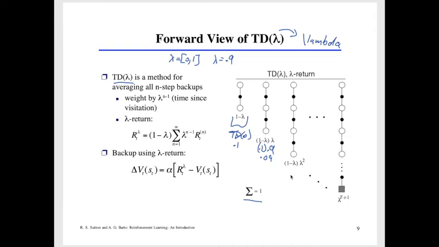And then for the three-step return, we'll get 0.081, because in the way the formula works out, it's 1 minus lambda times lambda times lambda, right? Because each time we're going to combine that in there.